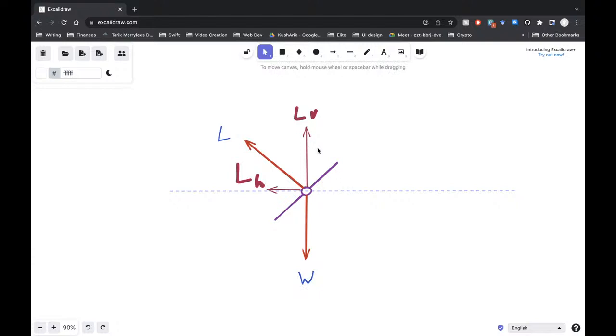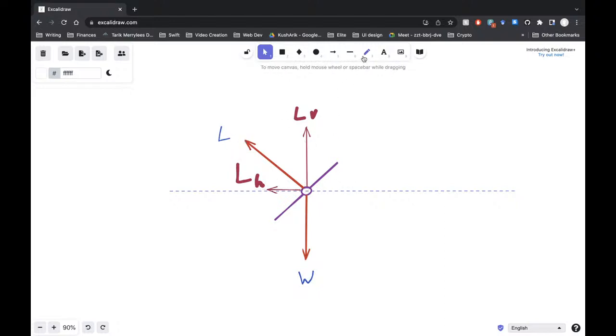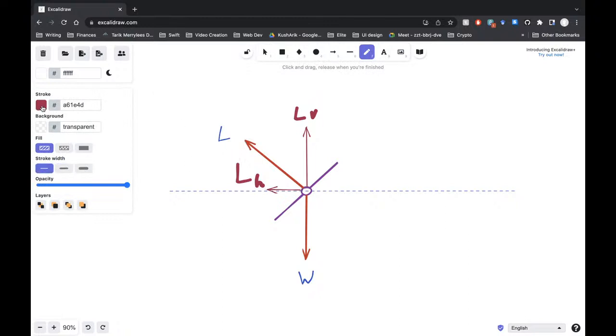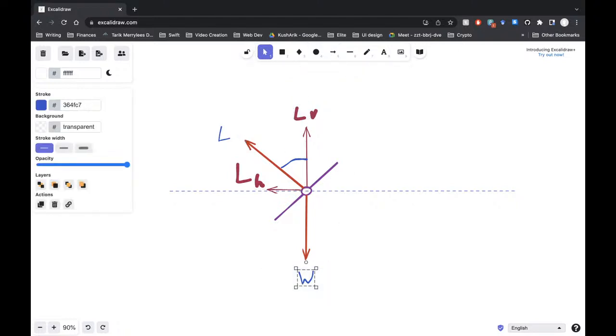But not only that, the steeper the turn, the more that angle increases, right? This angle here. So the more that angle increases, the bigger this force has to be so that this equals weight. Correct?